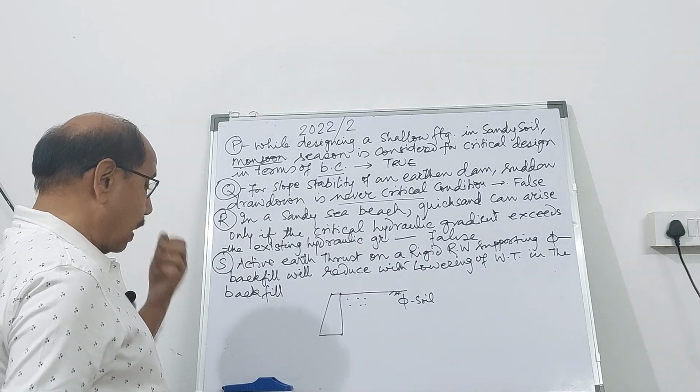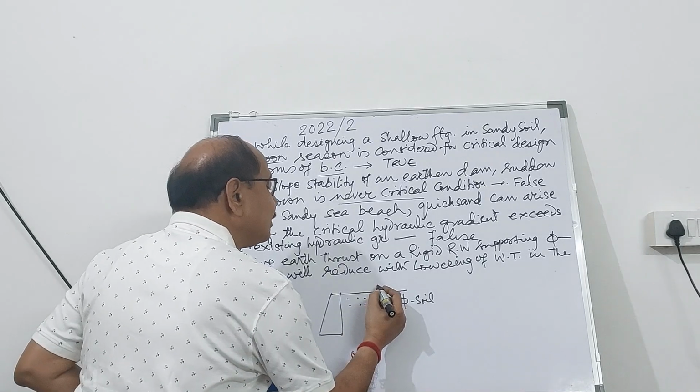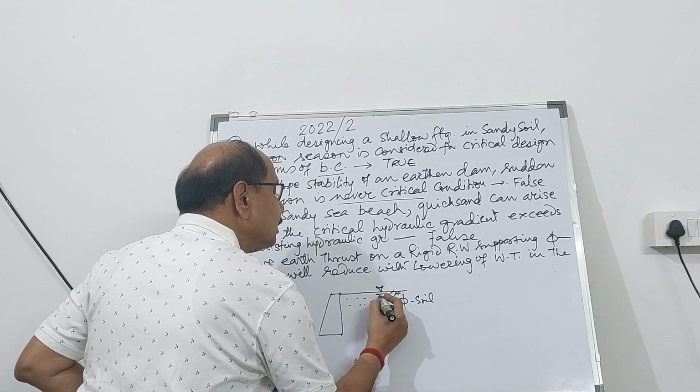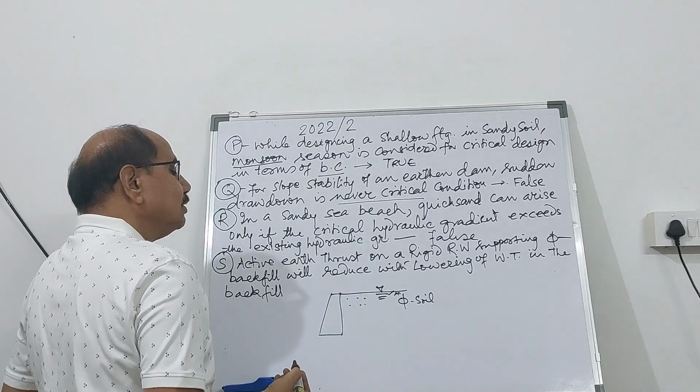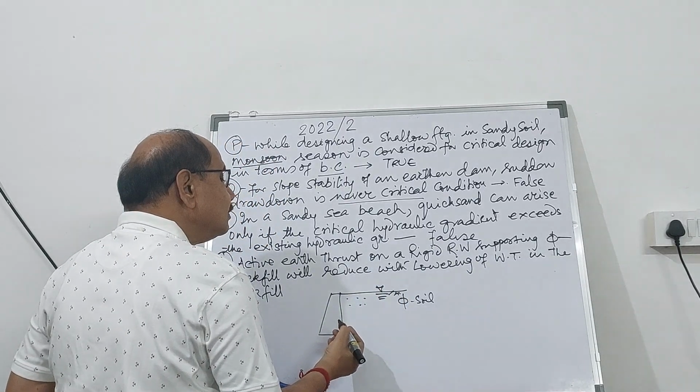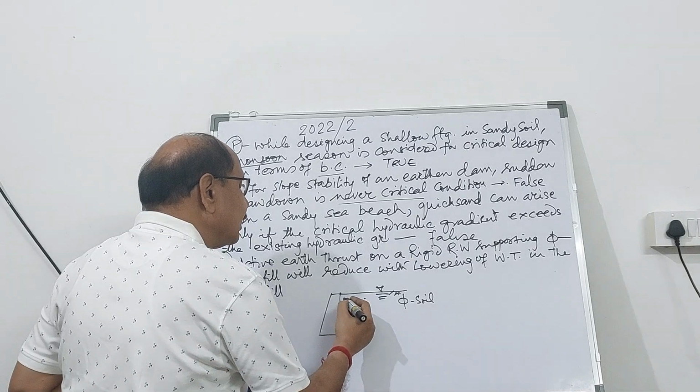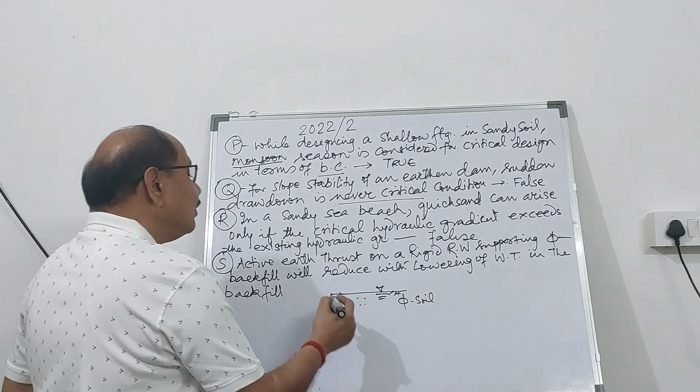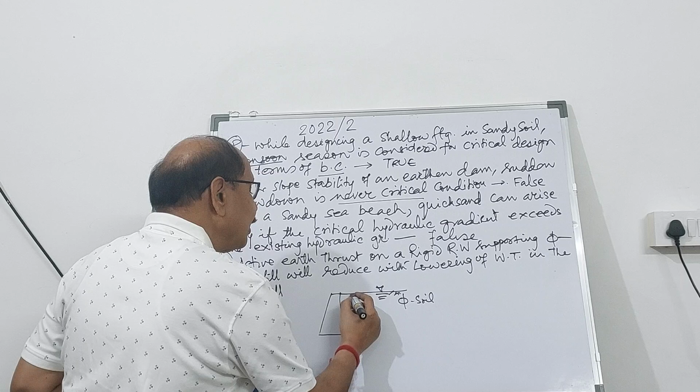Now, when the groundwater table is touching the top of the backfill, then the active earth pressure, you can draw it.